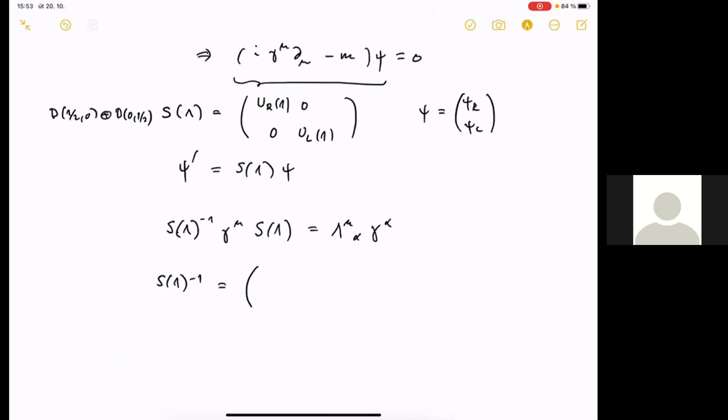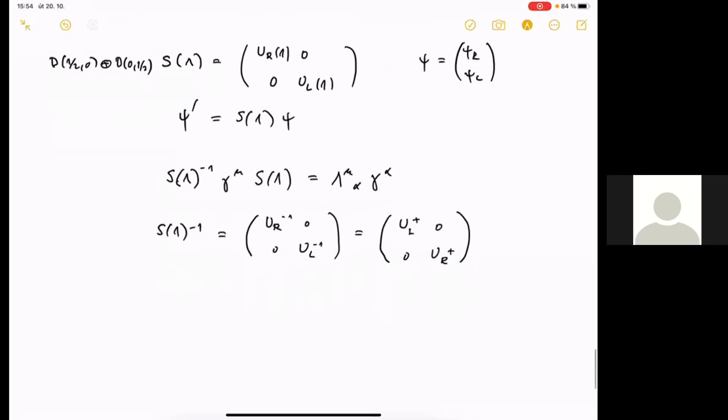This is just, in block diagonal form, the right-handed representation matrix inverse and the left-handed representation matrix inverse. But we know that these inverse matrices are the same as the corresponding Hermitian conjugated matrices of the opposite handedness, so UL cross and UR cross. And now let us substitute this into this equation.